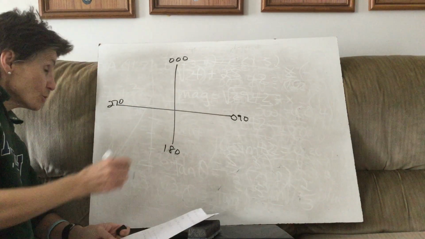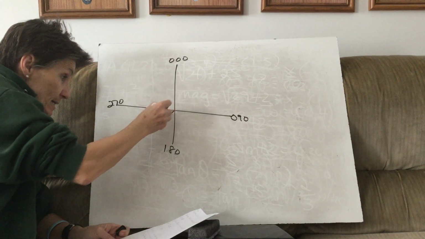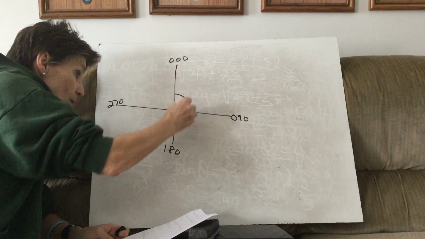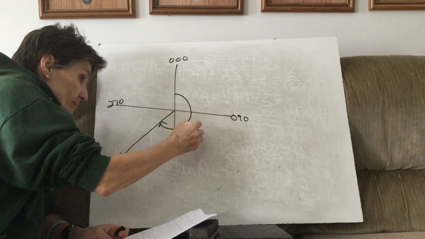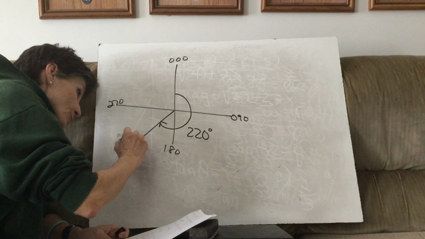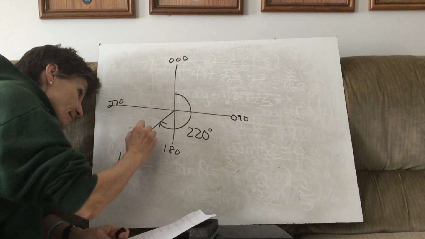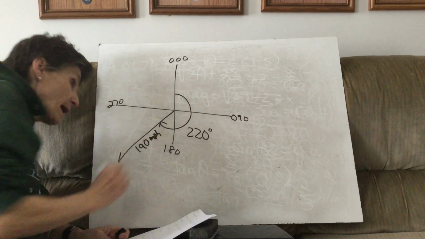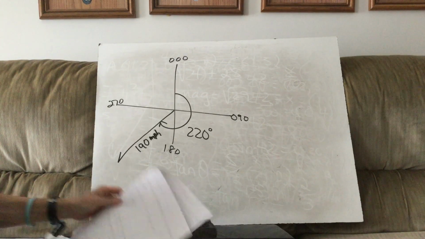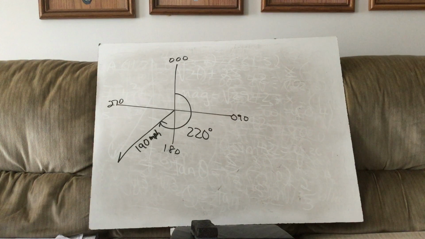And we're on a course of 220, which would be right here. This is 220. At a magnitude of 190 miles per hour. So there it is. That's all you have to do. You're just sketching it. That's it.